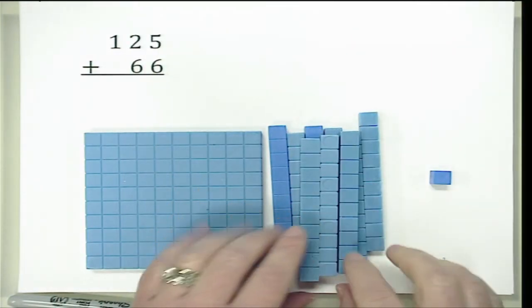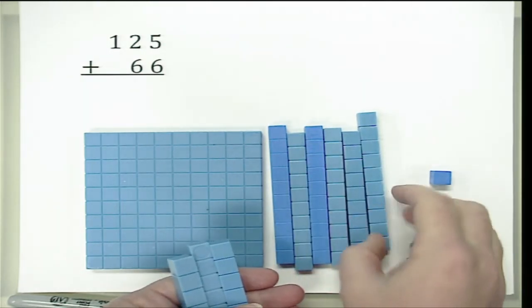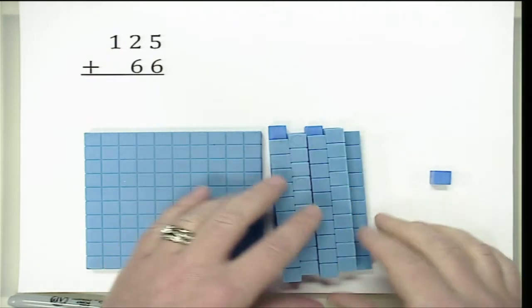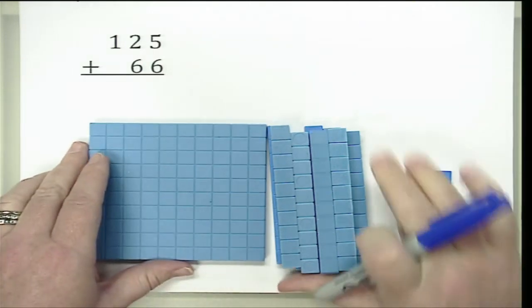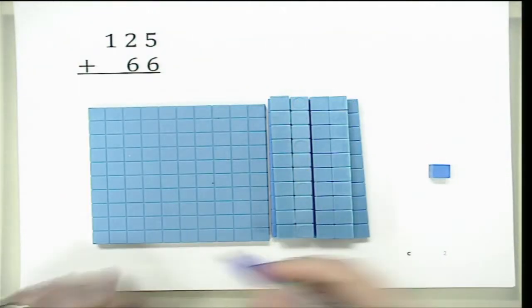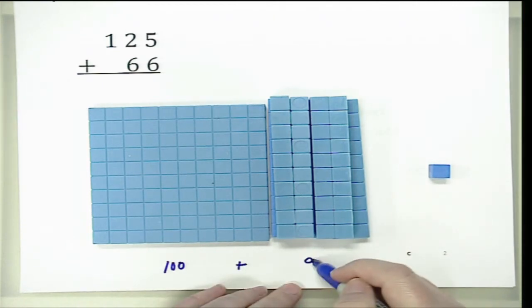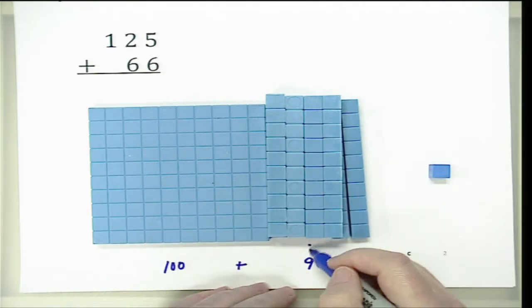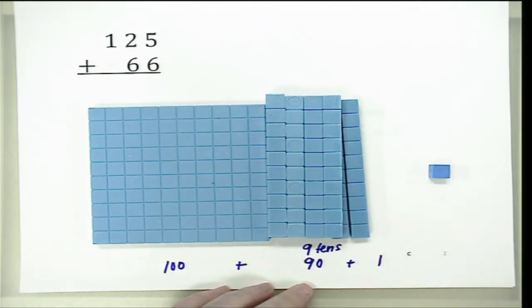I'm going to ask the same question here for my 10s. And looks like I have 5 here and 4, which is 9, so the answer is no, and I have 100. So I am left with 100 plus 9 10s plus 1 1.